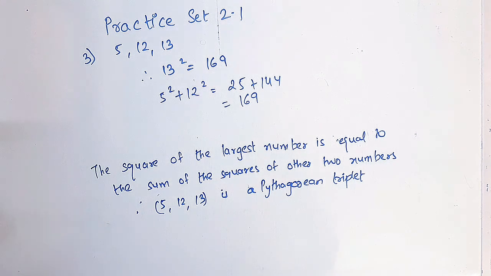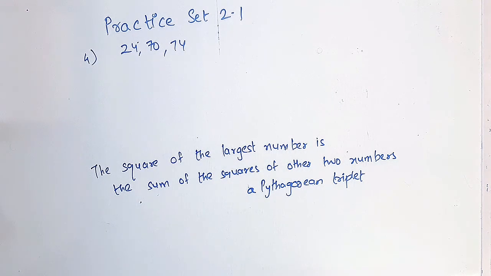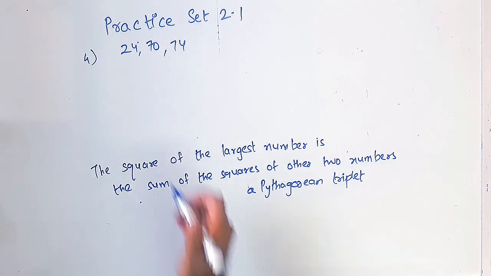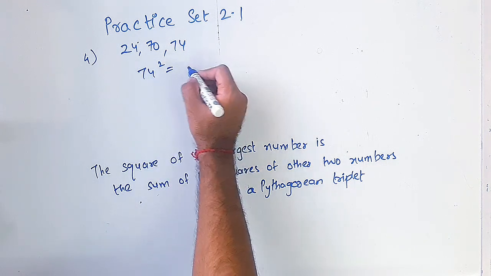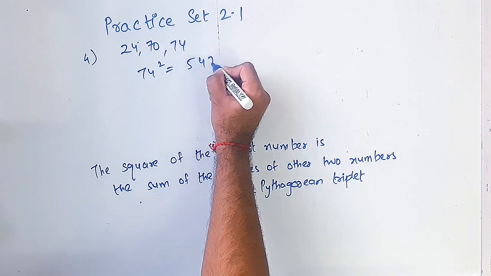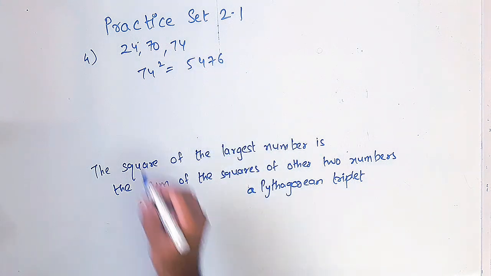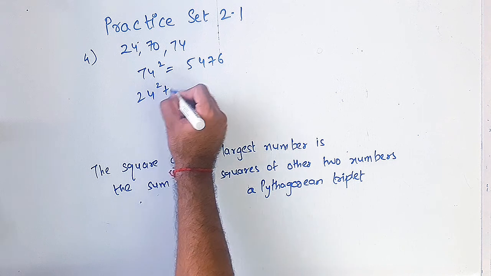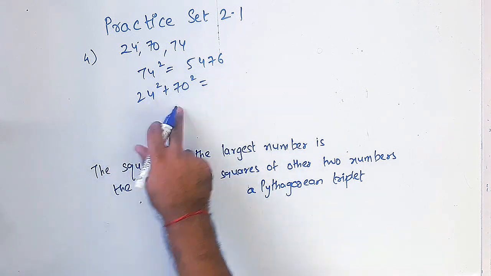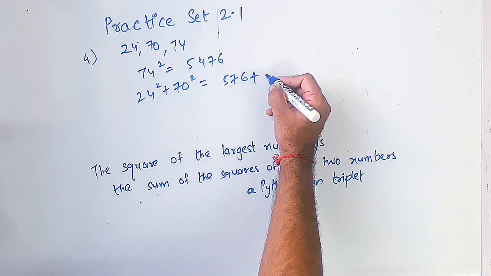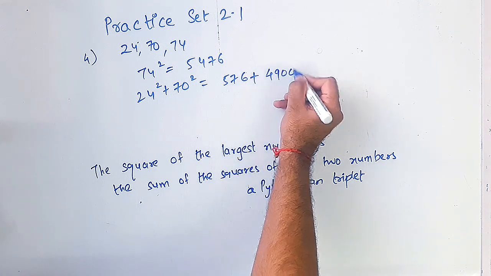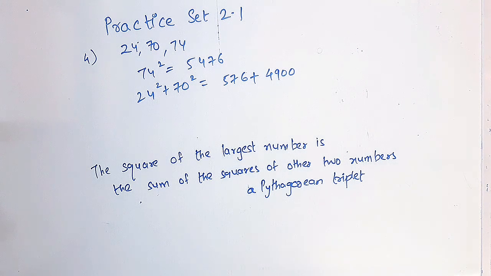Okay, fourth one. Slightly bigger numbers are given here. Let us take the largest one, 74 square. 74 square is 5476. And the sum of the squares of the other two numbers: 24 square plus 70 square is 576 plus 4900.